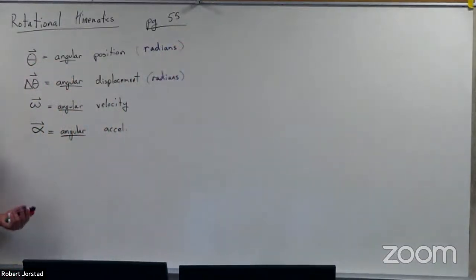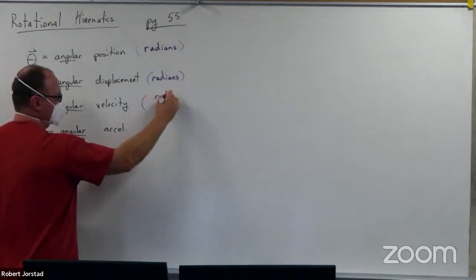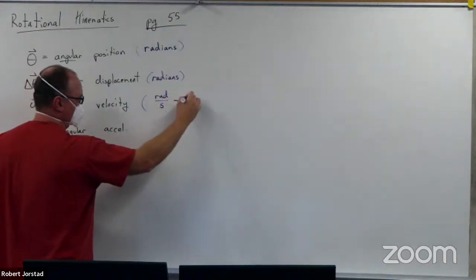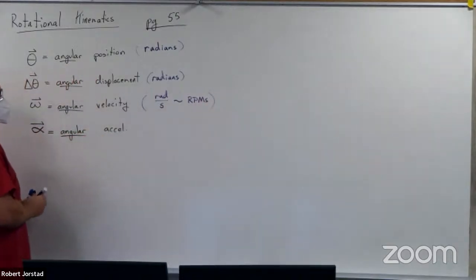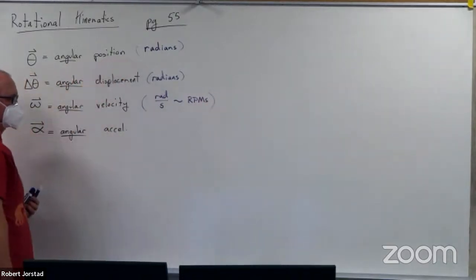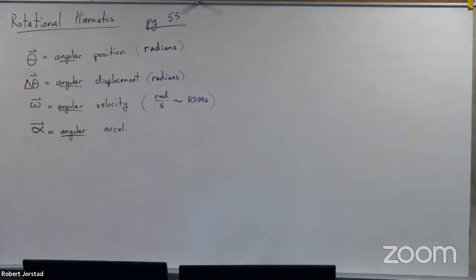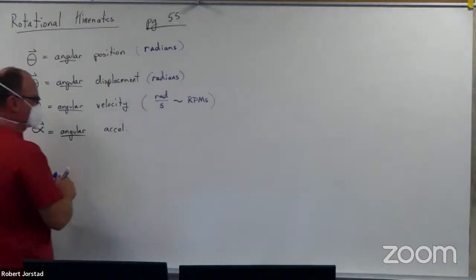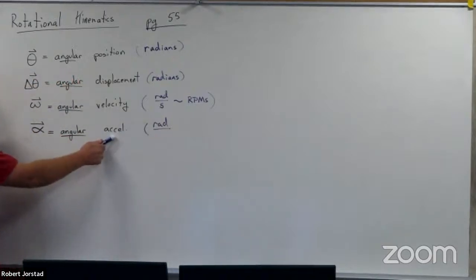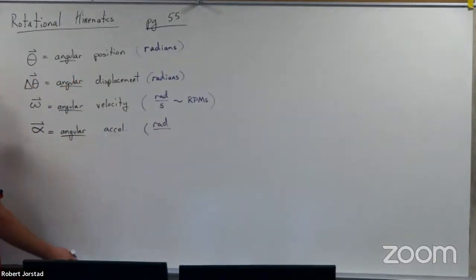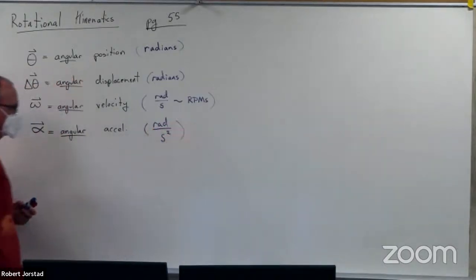Angular velocity would be radians per second, which is a lot like RPMs. People usually think in degrees, but we write radians. We usually think in RPMs, but we're going to use radians per second. Angular acceleration would then be radians per what? What's in the denominator for accelerations? Second squared.